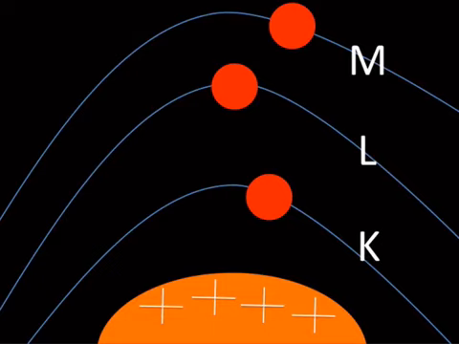So they want to be as close to the nucleus as possible, opposites attract. So the ideal shell to live in is the K shell, the closest one to the nucleus. That's the one that they all want to be in. And that one is the hardest to remove.